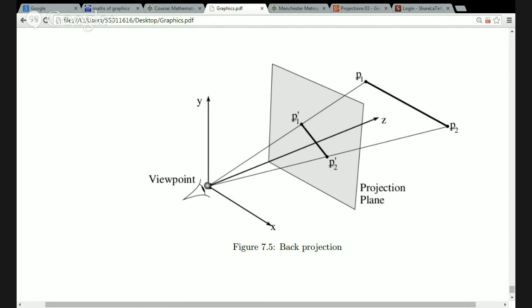So P1 prime has coordinate f x1 over z1, and this is plus mu into f x2 over z2 minus f x1 over z1.